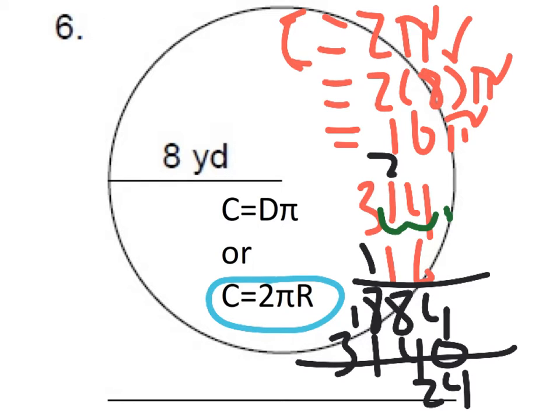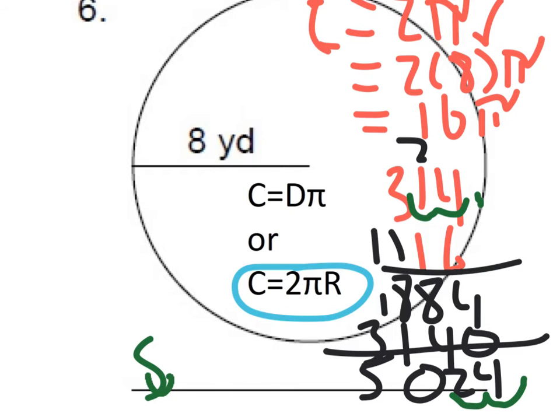Carry the 1. 1 and 8 is 9, plus 1 is 10. Finally, 1 plus 1 plus 3 is 5. So the circumference is, once we move the decimal back to the left twice, 50.24 yards.